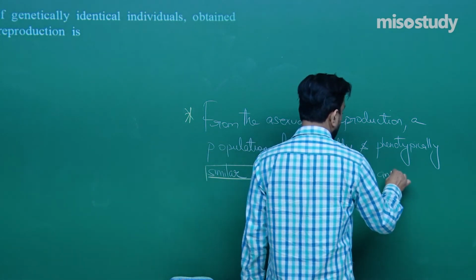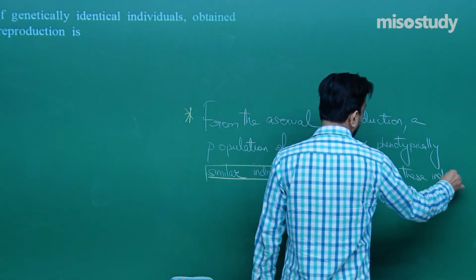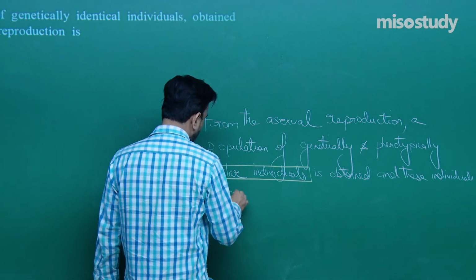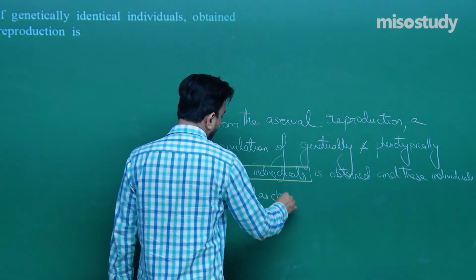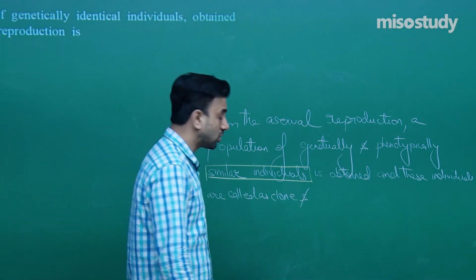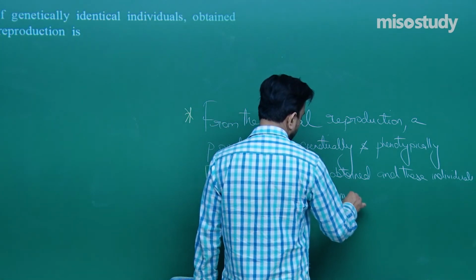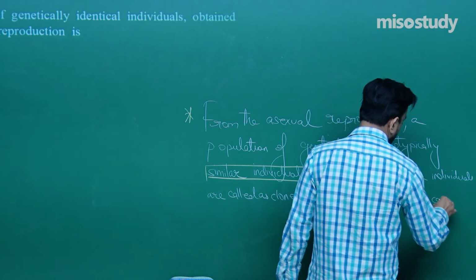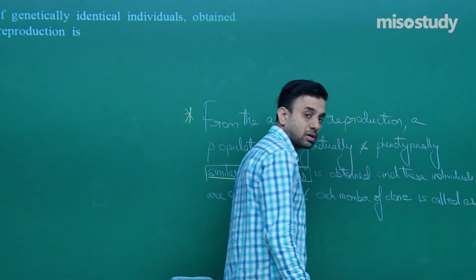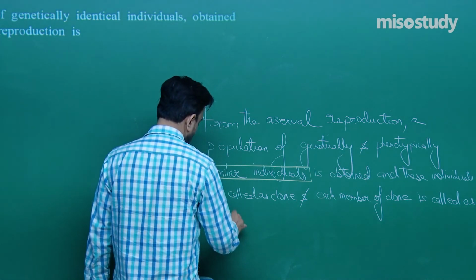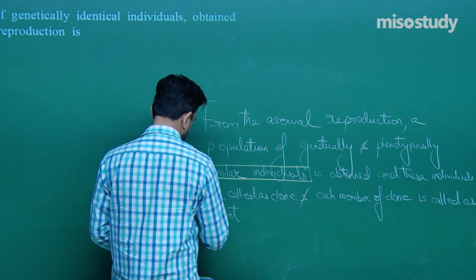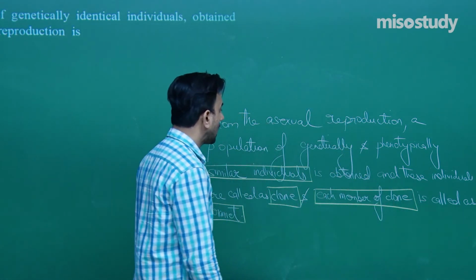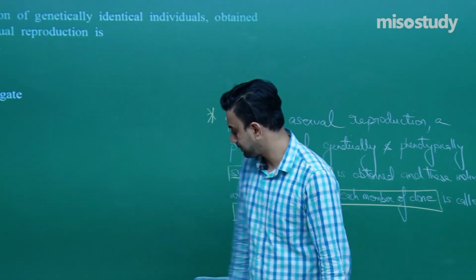These individuals are called the clone, and each member of the clone is called a ramet.